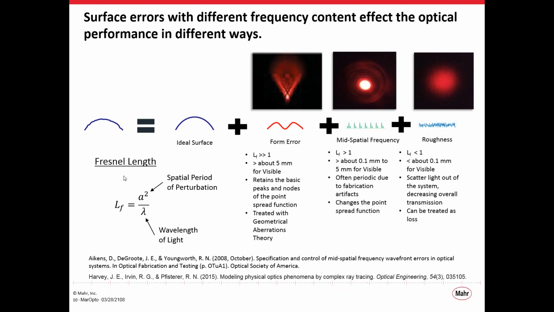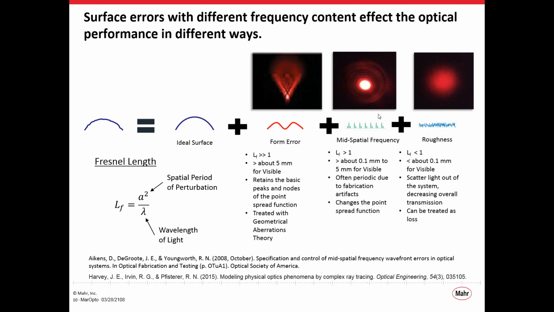Right, and usually you use this Fresnel length to define these different regions. This is from a paper that was given by Dave Aikens and Peter de Groot, back about 10 years ago now, where they discuss the difference between the spatial frequency ranges.